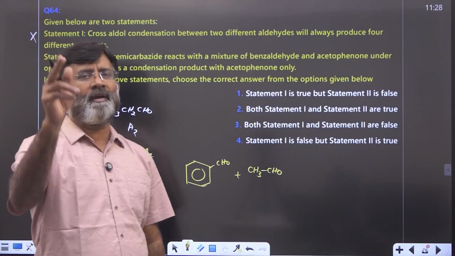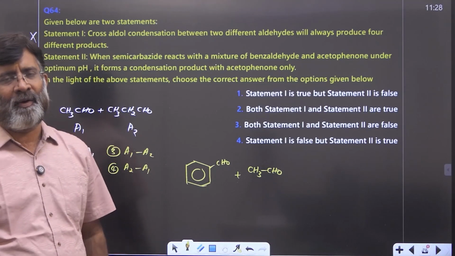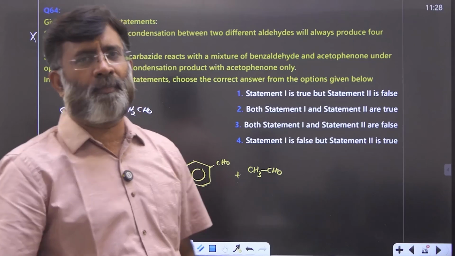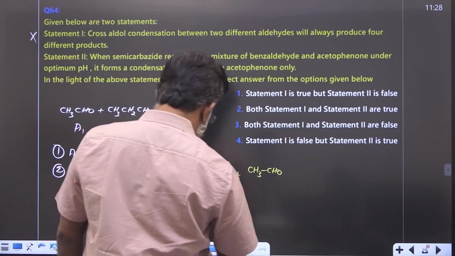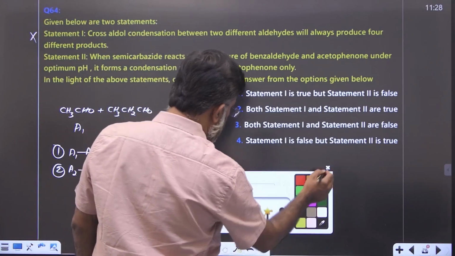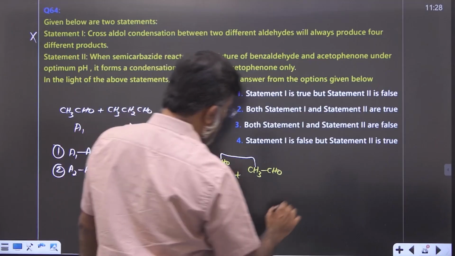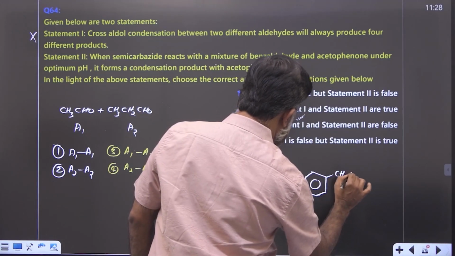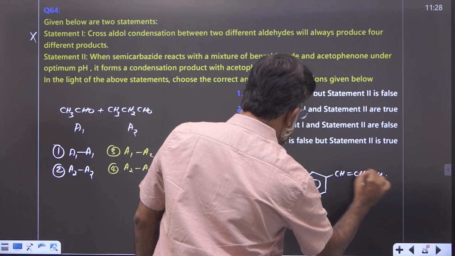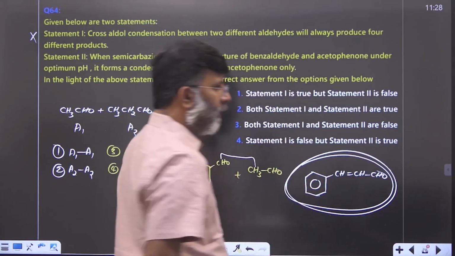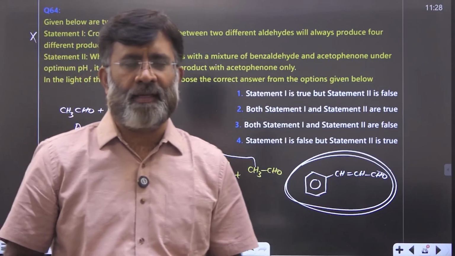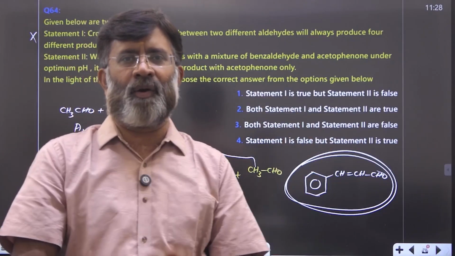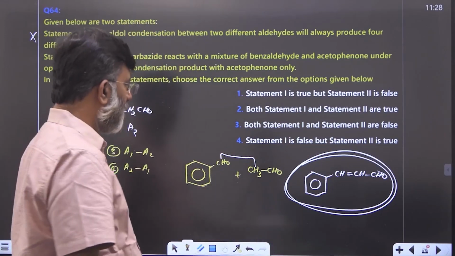Only one cross aldol product will be obtained, and that aldol product will be a condensation over this region, and the condensation product will be CH=CH-CHO.